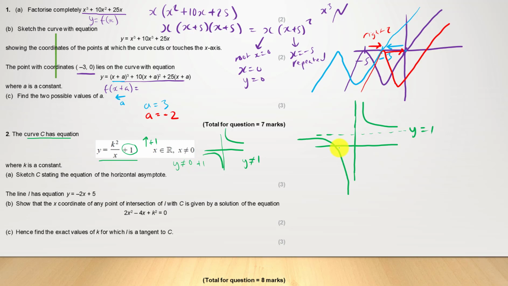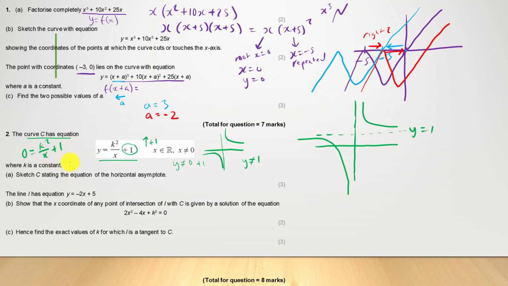So can we label what that coordinate is? Well, does it ask you to do that? I'm not sure. It doesn't say label the intercepts, but this is when y equals 0, right? So 0 equals k squared over x plus 1.